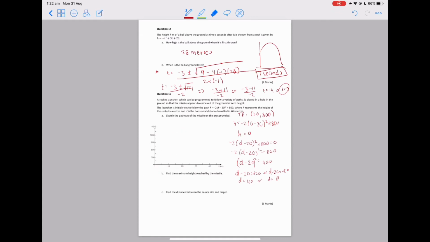Let's not do that at all. Let's redo. Let's model what a good graph should look like. So that's going to be 40, 20, and that should be over here. So let's try to draw this much better this time. And now, okay, so that's a bit better than previously. So now I'll add in the coordinates.